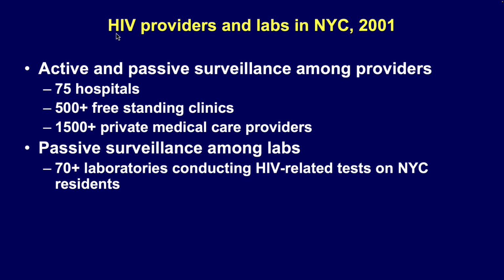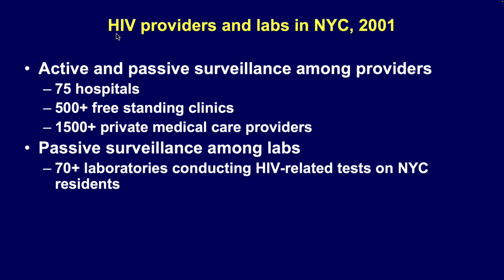So in terms of active and passive surveillance, at the time in New York City there were about 75 hospitals, 500 freestanding clinics, and over 1,500 private medical care providers that could be diagnosing and treating people with HIV. From an active surveillance standpoint, all of these venues need to have health department outreach happening in some form or another.